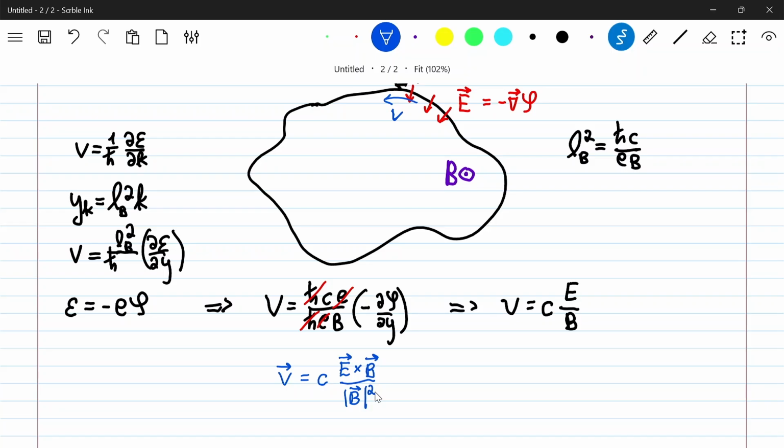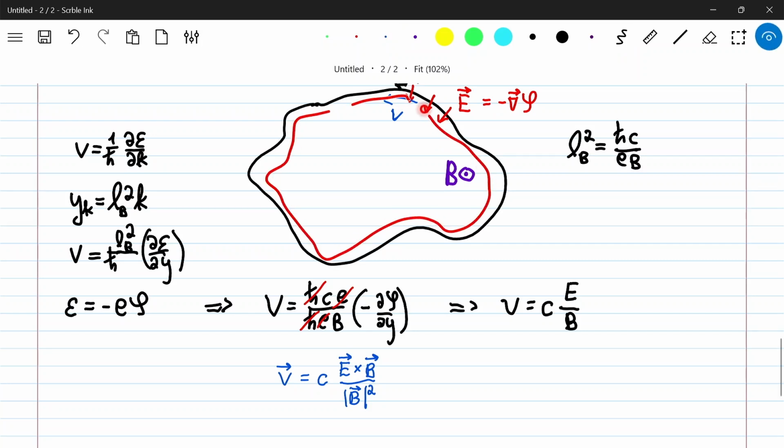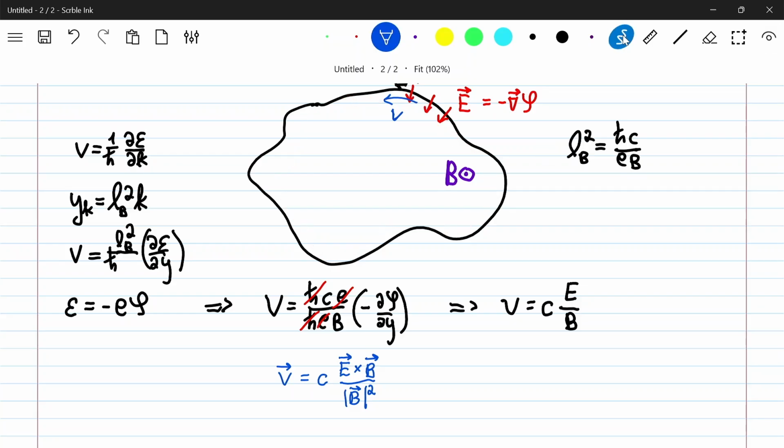And because the direction of my electric field changes all the time, it's always confining to the edges, I'm going to get a velocity that will, just as this picture suggests, go around the paddle. So that's what the quantum Hall fluid is doing.